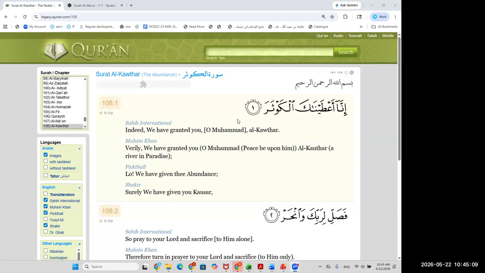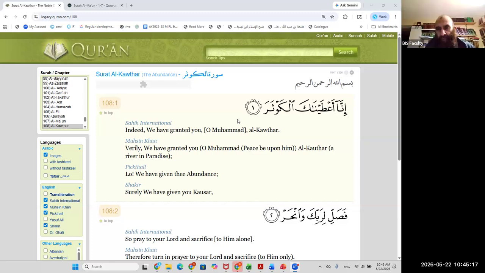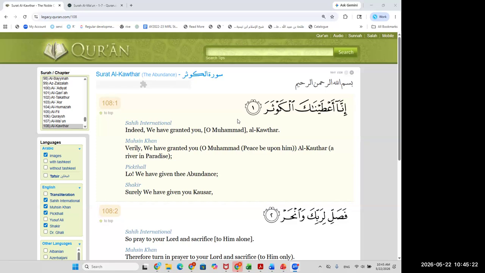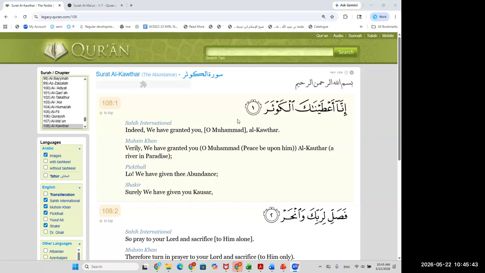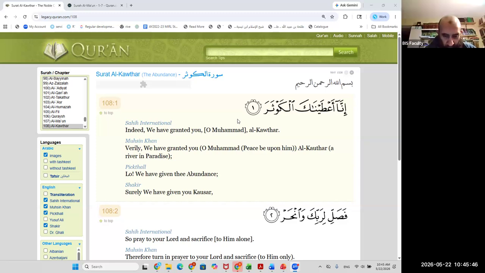And the مفعول به is أنت, which is ك. Yeah. How about the Kauthar? It's متعلق something. Good guess, but no. Kauthar is a second مفعول به. Oh, okay. Because some verbs take more than one مفعول به.